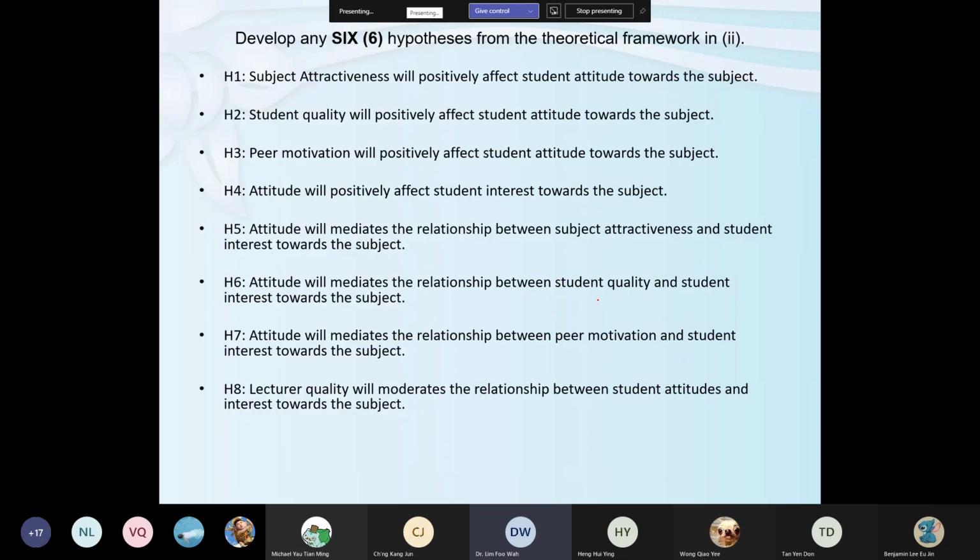According to the theoretical framework just now, wait, I'll show you in another way, so it's easier for you to refer.